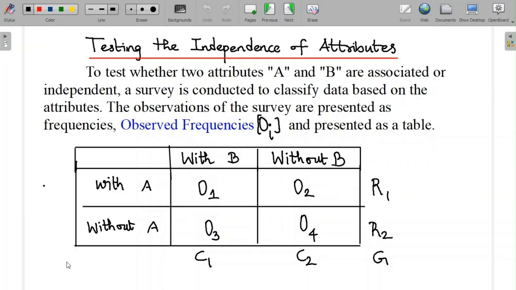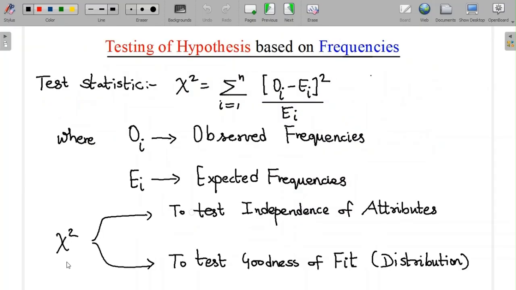To test whether these two attributes are independent or whether they are associated, we use the statistic known as the chi-squared, so it's called the chi-squared test. Like the Z test and the F test, we have the chi-squared test.